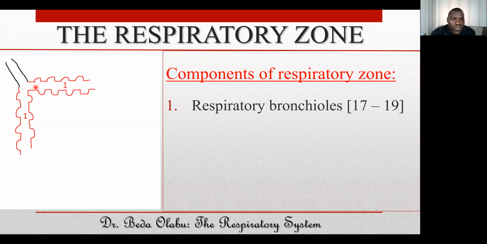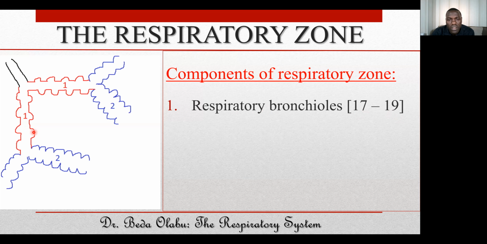Okay, from the respiratory bronchioles, we have the airways which look like this. If you follow them nicely, you notice that yes, there's a channel, but we don't see a definite wall because the wall is just full of alveoli. For that reason, we call them alveolar ducts.